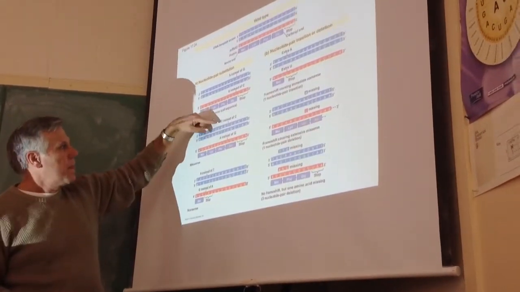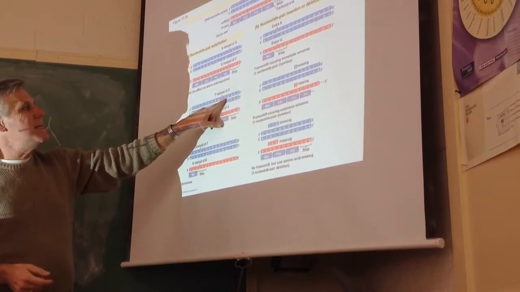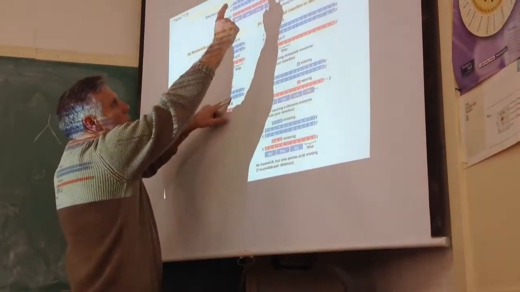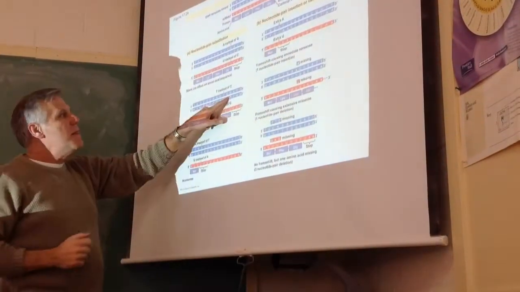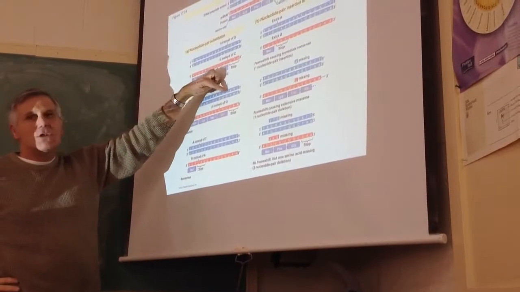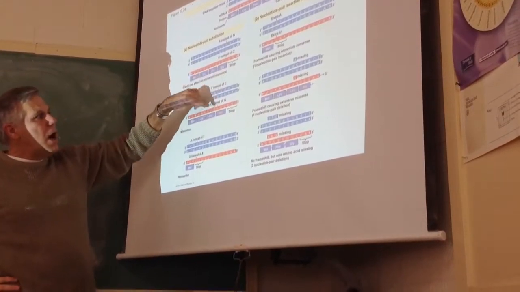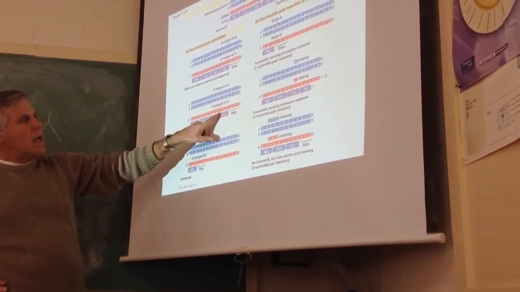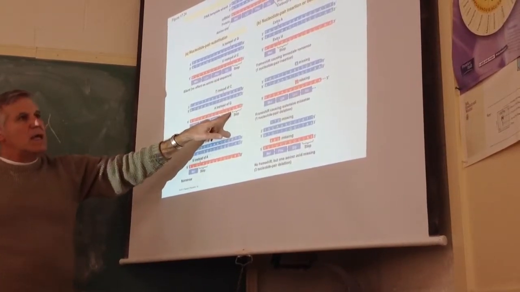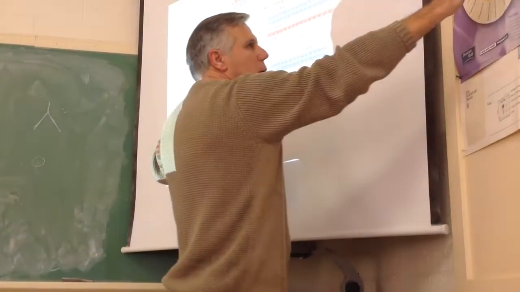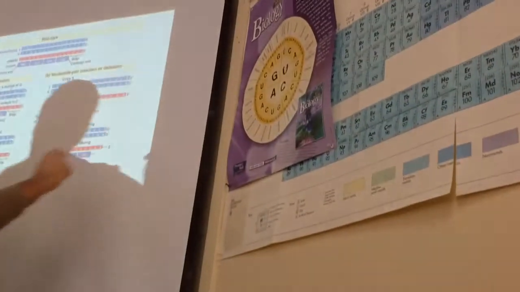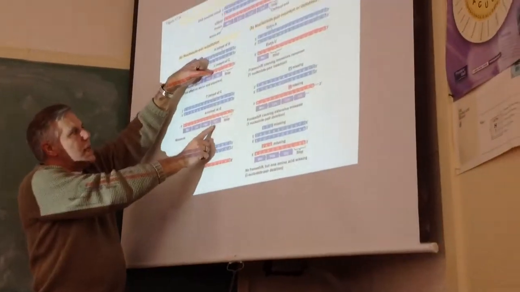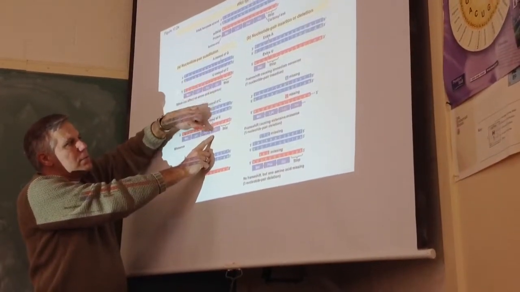Now, let's look at this one. This time, over here we have TCG, right? What was the original? It was CCG. Now we have TCG, which means the RNA is now what? AGC. And AGC calls for what? It calls for serine. Well, now, did I change the amino acid?